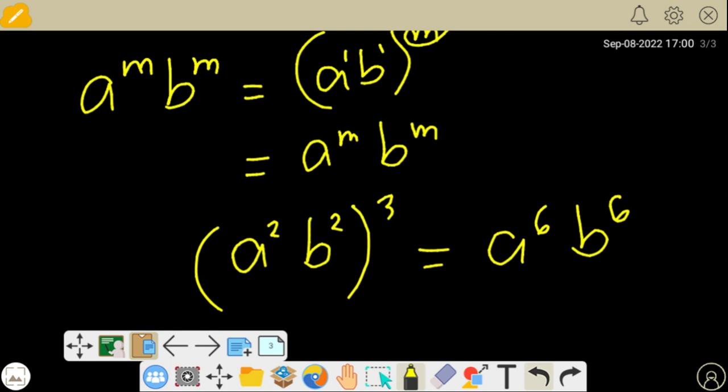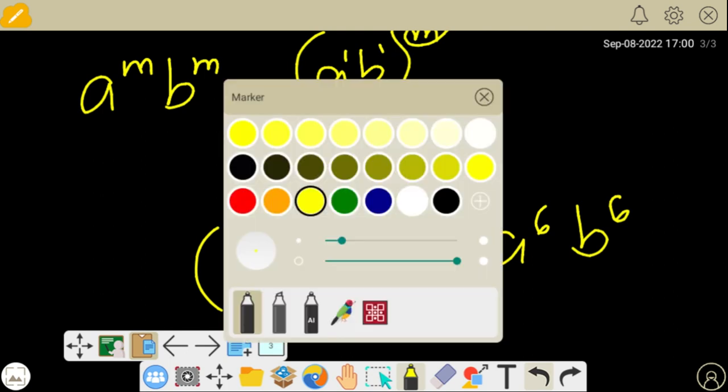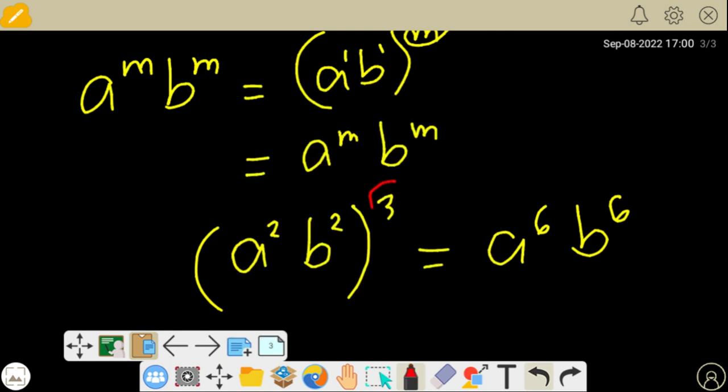Because all you have to do is to multiply the outside exponent by each inner exponent. So 3 times 2, we have 6. 3 times 2, we have also 6. So that is the answer.